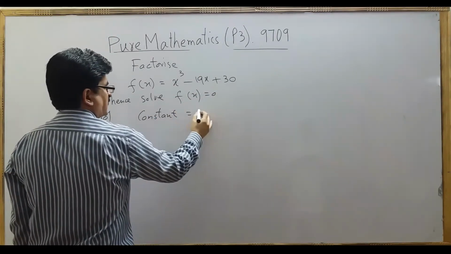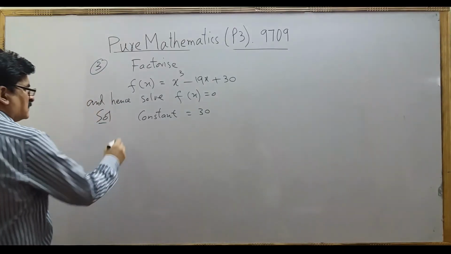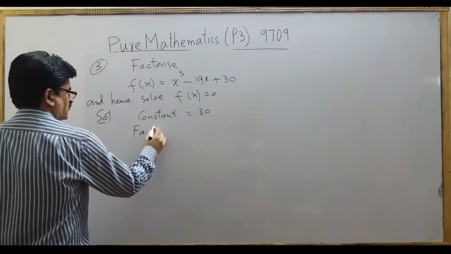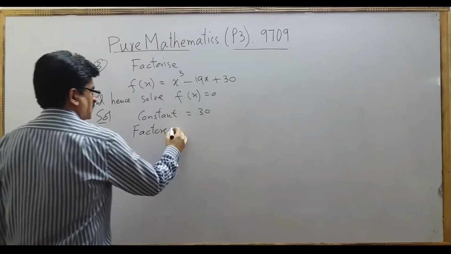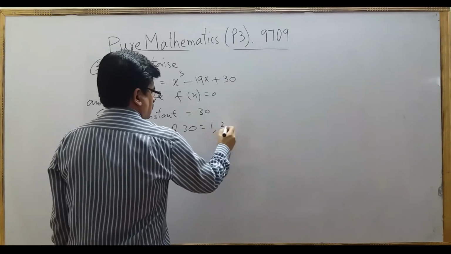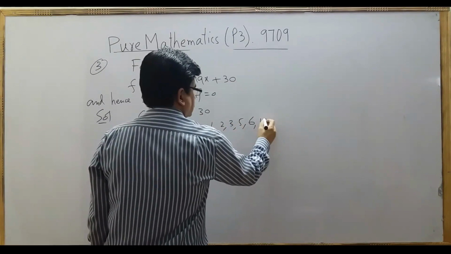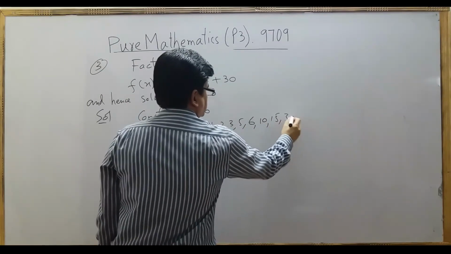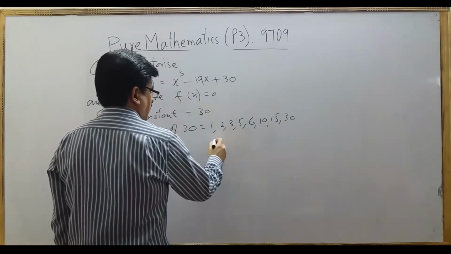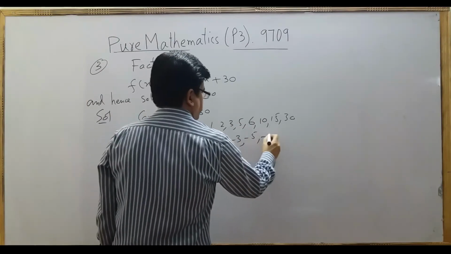Our constant term is 30. Factors of 30: we have 1, 2, 3, 5, 6, 10, 15 and 30, and we also have minus 1, negative factors.